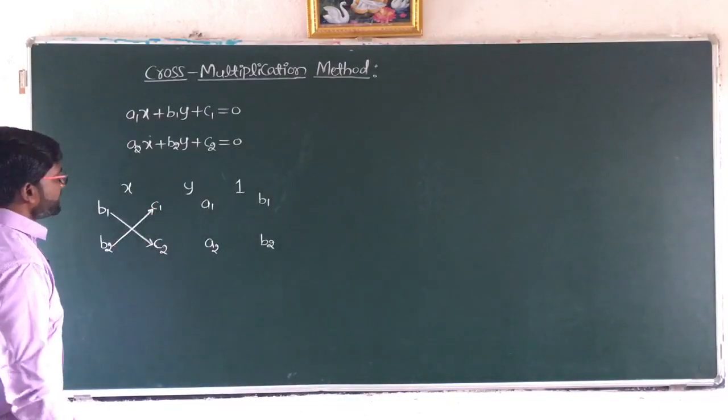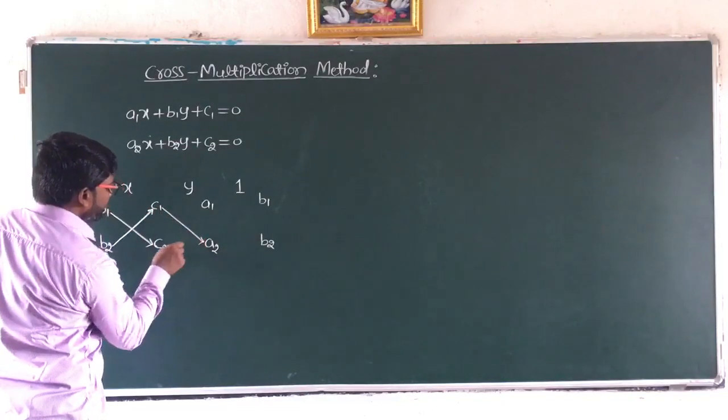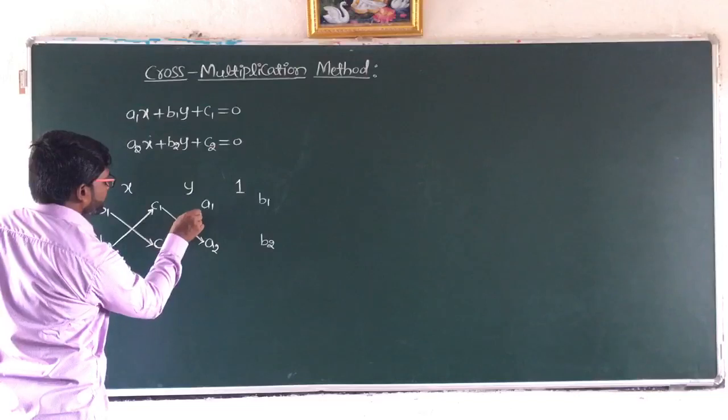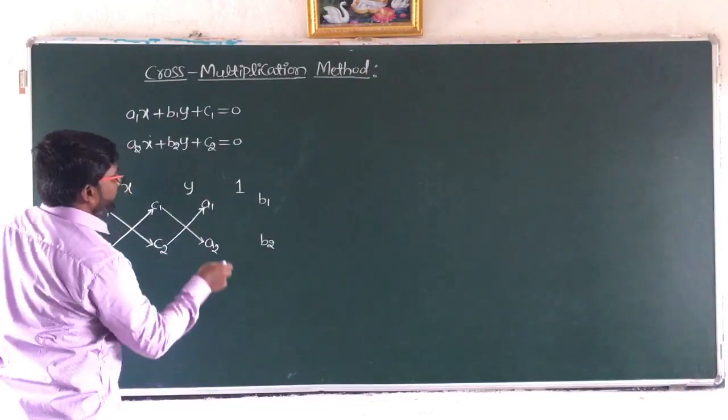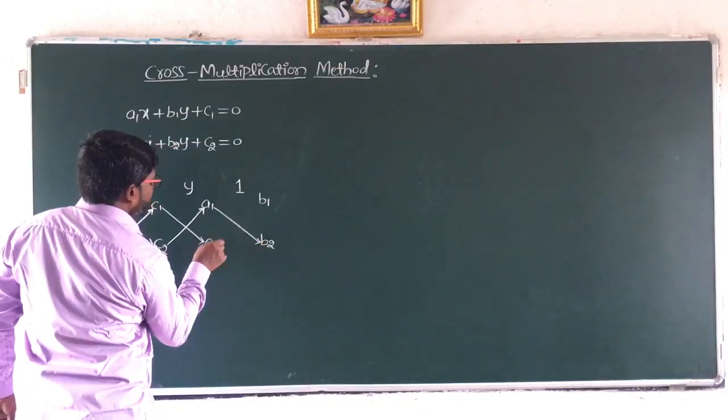Then c1 must be multiplied with a2 and then minus c2 into a1, and then a1 b2 minus a2 b1.